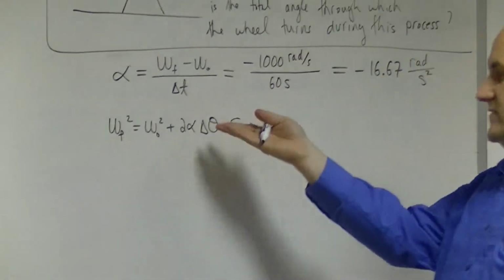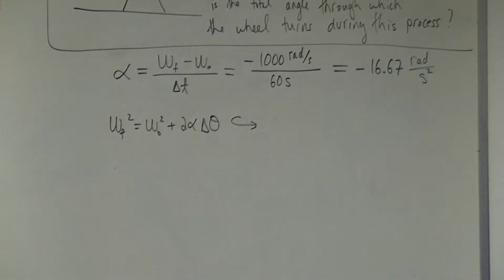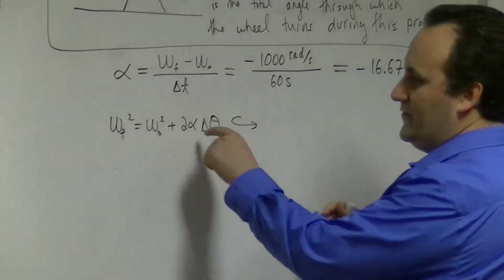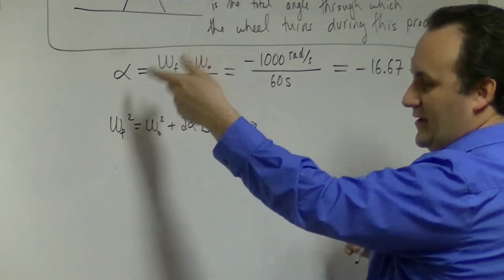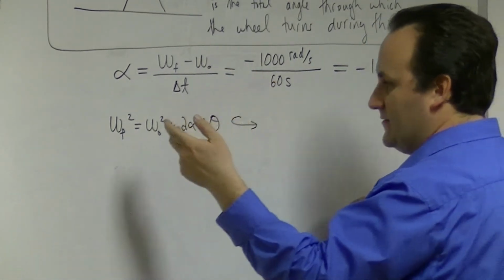I usually drop the sub naughts once I'm in a specific problem. The reason I put a sub naught on the alpha in this derivation was just to separate it conceptually from the abstract notion of angular acceleration. Here alpha is just a constant, so why put a naught there?